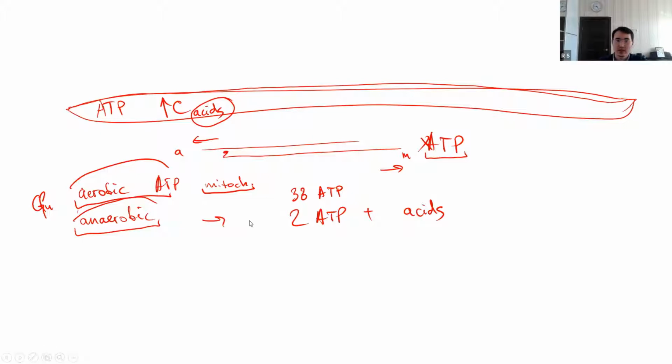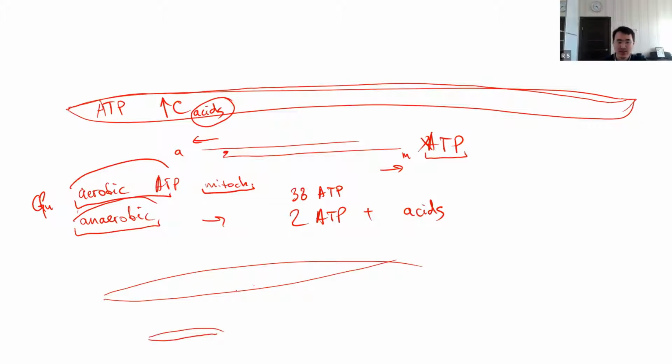Okay? And if you take the cardiac muscle or the smooth muscle cells, they usually don't feel this pain because they are very efficient in the production of this aerobic ATP, and they also have a good bloodstream.